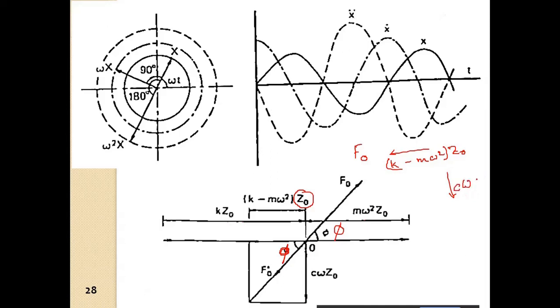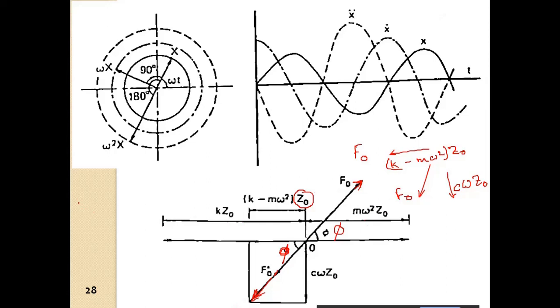And we have the force F naught. This is the resultant force F naught which is opposing the applied force F naught.